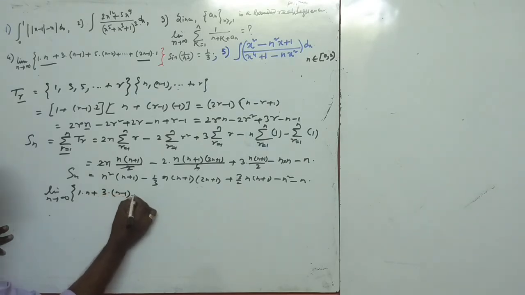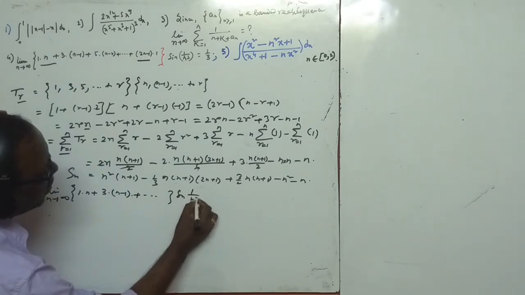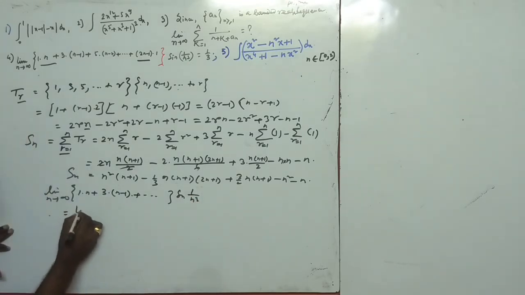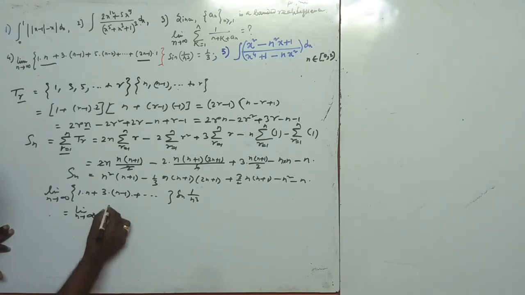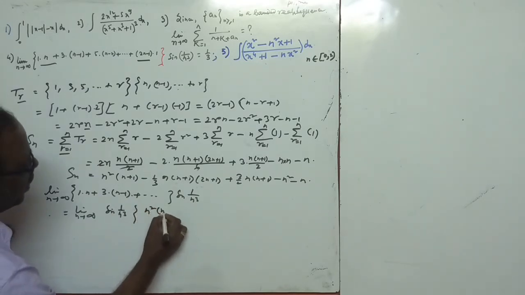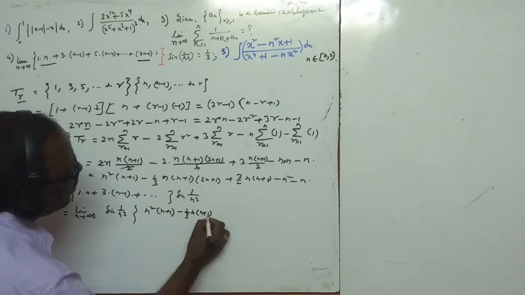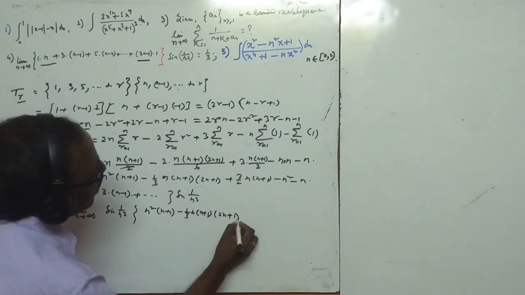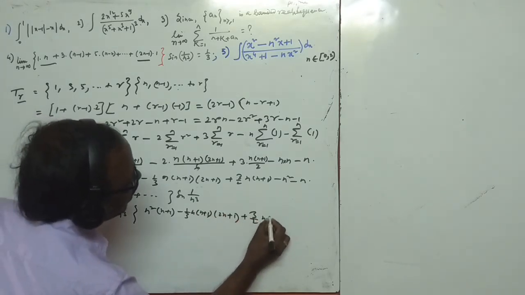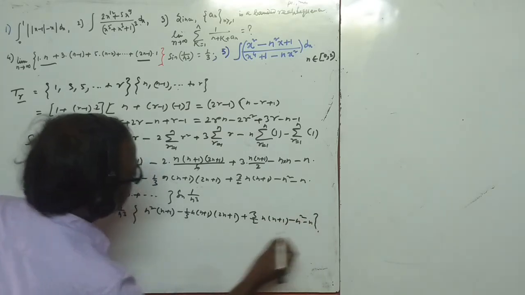Now find the limit as n tends to infinity of 1 dot n plus 3 dot n minus 1 and so on, that is equal to sin of 1 by n cube. So the limit as n tends to infinity of sin 1 by n cube, and put in the n plus 1 expression: 1/3 n into n plus 1, 2 into n plus 1, 3 by 2 n into n plus 1 minus n square minus n.